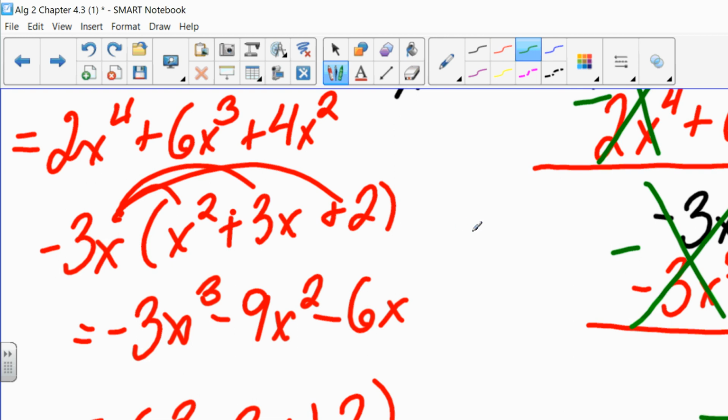And we would subtract. 5x squared minus 5x squared is 0. 11x minus 15x is negative 4x, and negative 1 minus 10 is negative 11.